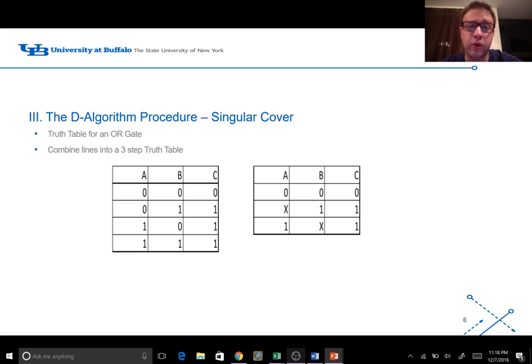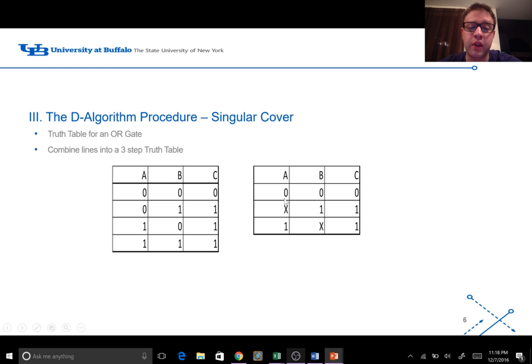For a 2-input OR gate, on the left-hand side here, we see a truth table that I'm sure we've seen several times. For a combination of 0, 0, for the 2 inputs, you get an output of 0. For any other combination of inputs, 0, 1, 1, 0, and 1, 1, the output is going to be 1. For singular cover, again, that's one of the first definitions of this algorithm.